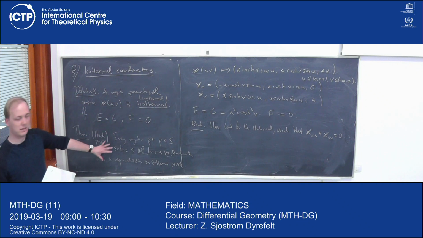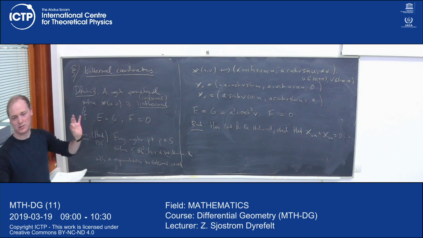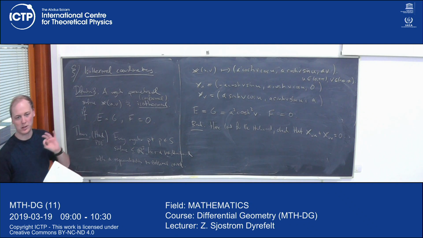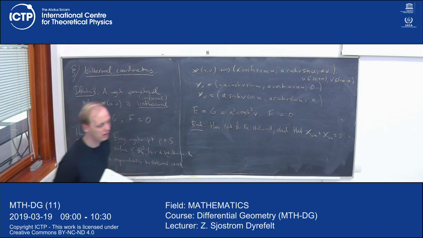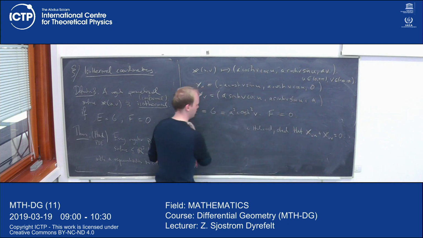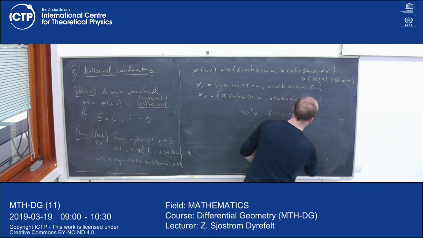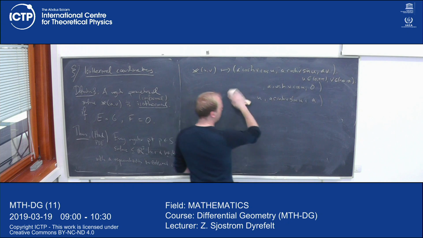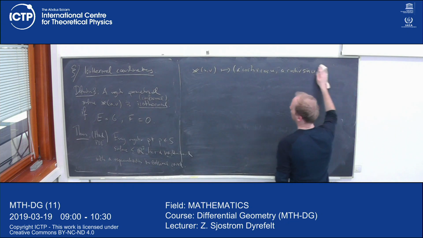Let me say it in words rather: if you have a regular surface, then you can always reparametrize it so it has coordinates like this. But this is subtle, this is hard. We don't do this proof in Duchamp, for example, and we don't do it in many books on minimal surfaces. So this is something that we will admit, and then we will use it.